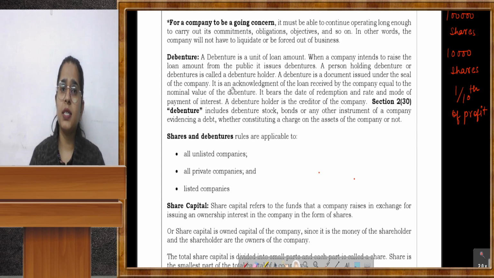So what the company does is, if a company requires 10 lakh rupees of funds, let me give you an example.